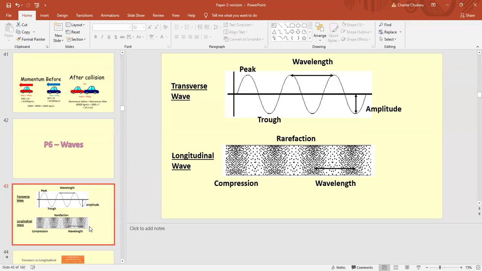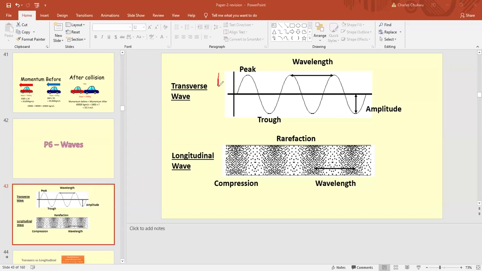Remember when I told you about transverse waves, that they move in the direction perpendicular, that is at 90 degrees to the direction of vibration. So what that means, I explained it, but let me explain it again. For instance, consider this to be the vibrator, the thing that is causing the wave to move.